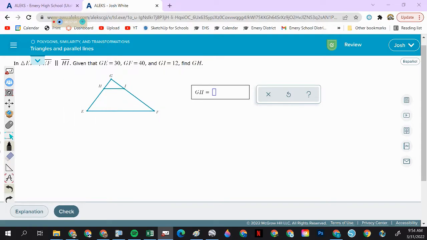So GE is 30, GF is 40, and GI is 12. So we want to find GH. So 40 over 12 is equal to 30 over X. And then you just cross multiply. So you cross multiply, and that will tell you how big X is.